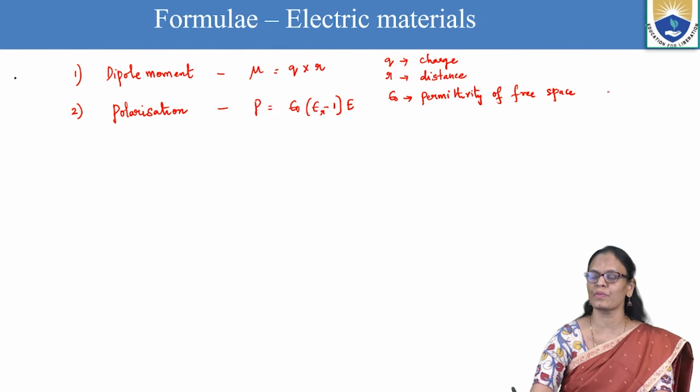Its value is always constant: 8.85 into 10 to the power of minus 12 farads per meter.